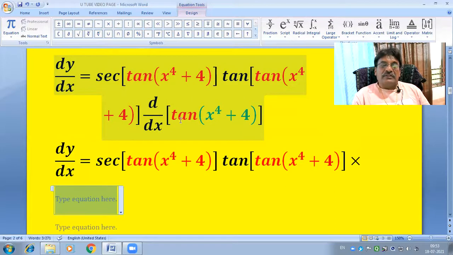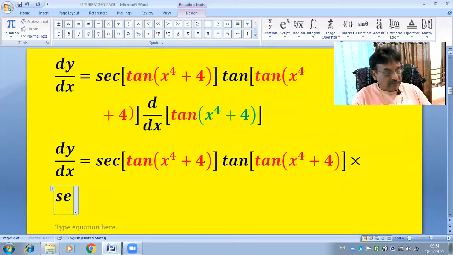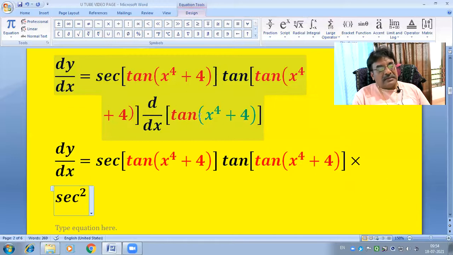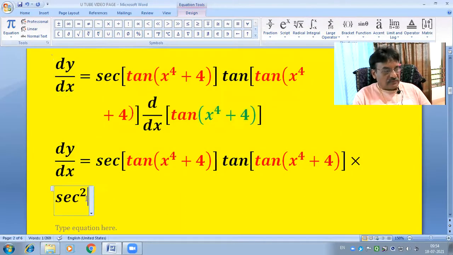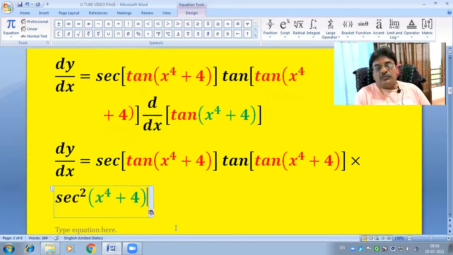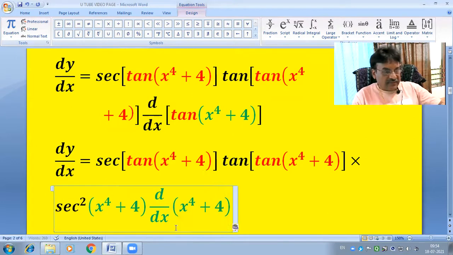And here we use the formula d/dx of tan f(x) is sec square f(x) into f dash of x, where f(x) is replaced by the green color function, x to the power 4 plus 4. So we write sec square of x to the power 4 plus 4 into d/dx of again the green color function, x to the power 4 plus 4.